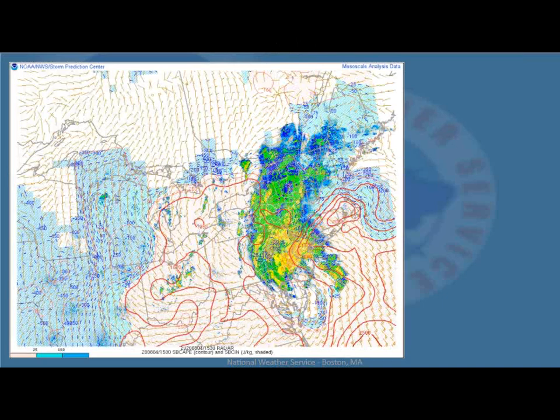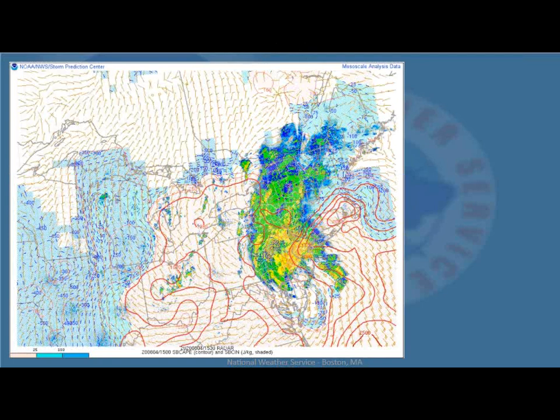And this is taking a look at the instability, or what we call surface-based CAPE. Essentially, we want to see how much lift there is in the atmosphere. Sometimes you may hear people say, like on cloudy days, that the atmosphere is capped. What this means is that the air parcel is not able to lift from the ground, because you don't get that temperature gradient.